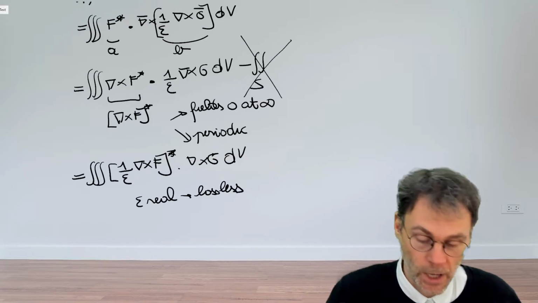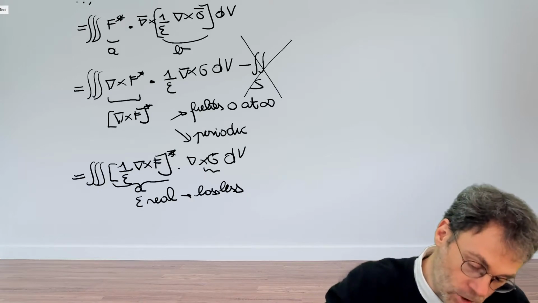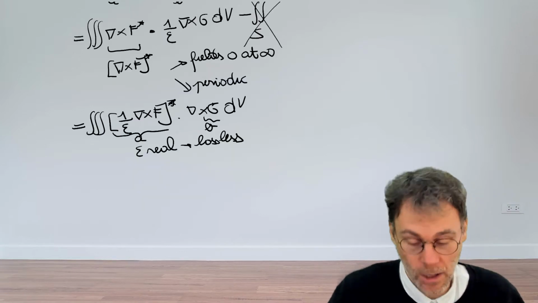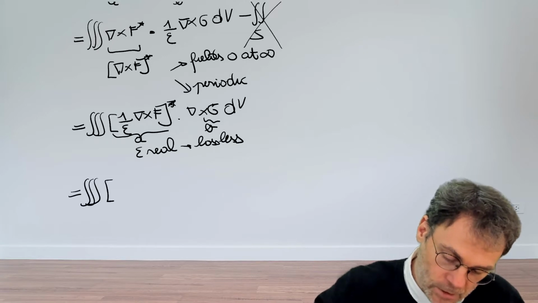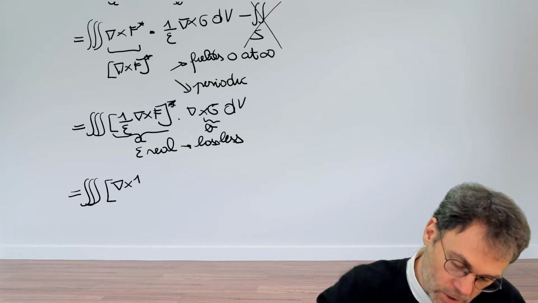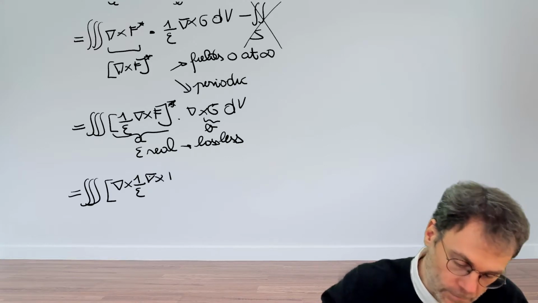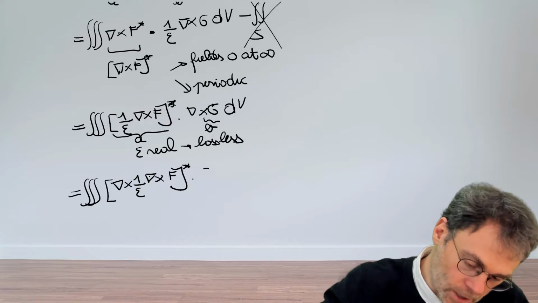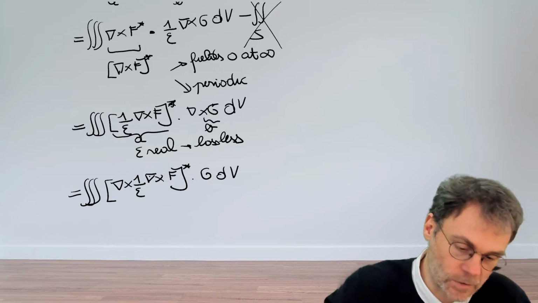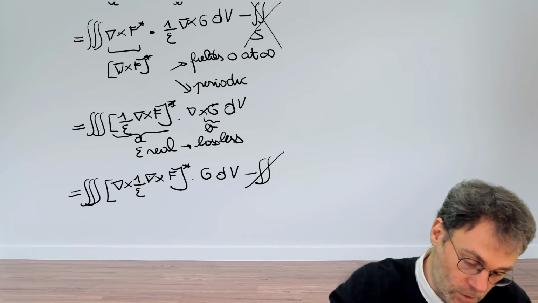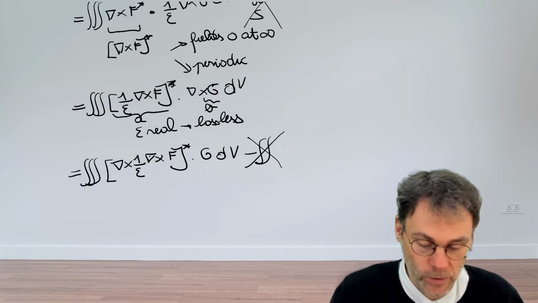If we now apply our lemma again, but this time this plays the role of A and this plays the role of B, we just apply the lemma one more time, again making use of the fact that the nabla operator is a real valued vector. Then we get the curl of F complex conjugate, and here we have our lonely second vector function, dV. Again, there's a price for the surface integral, but we've decided not to pay that price because we're working in situations where the value is 0.